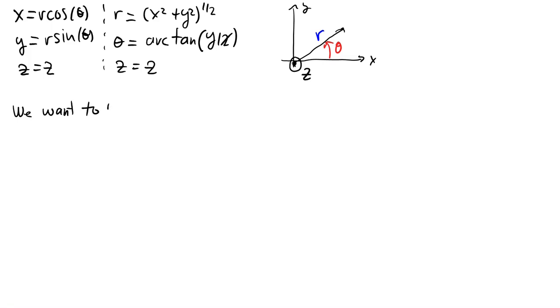We want to find the gradient in terms of the partial derivative with respect to r, the partial derivative with respect to theta, and the partial derivative with respect to z using the unit vectors r hat, theta hat, and z hat.